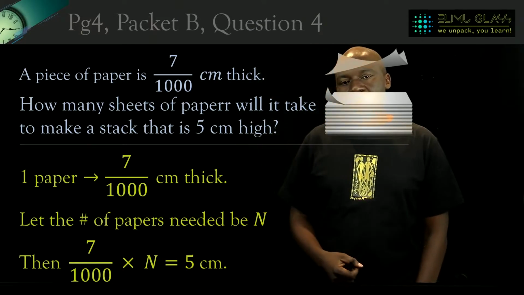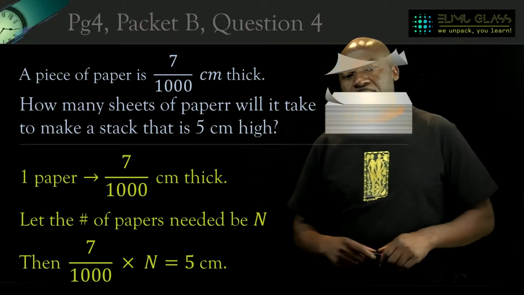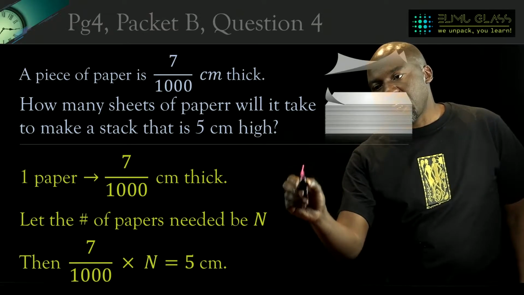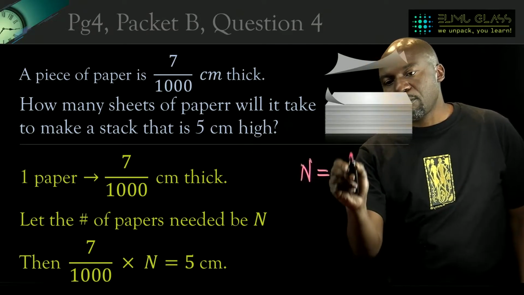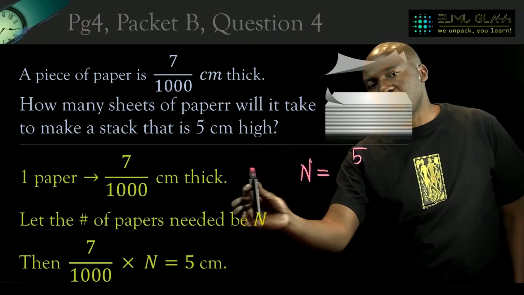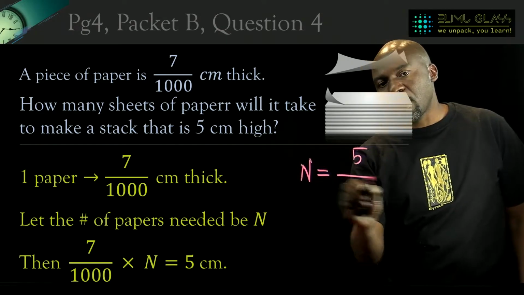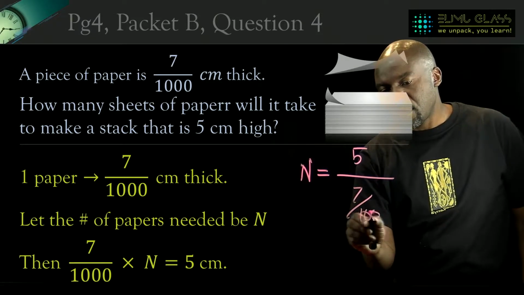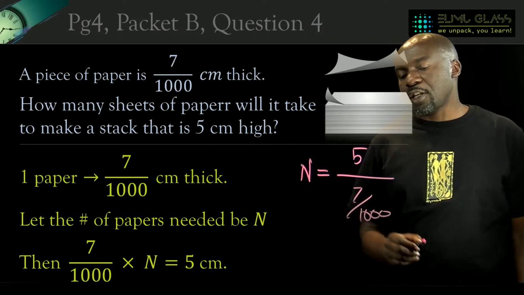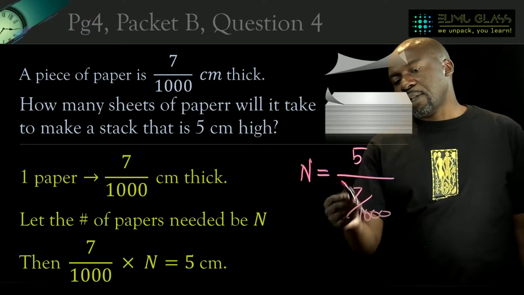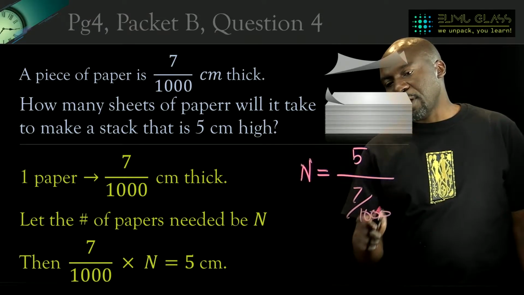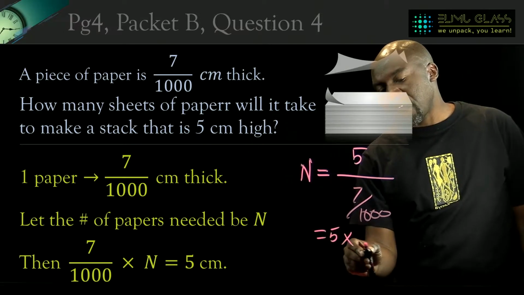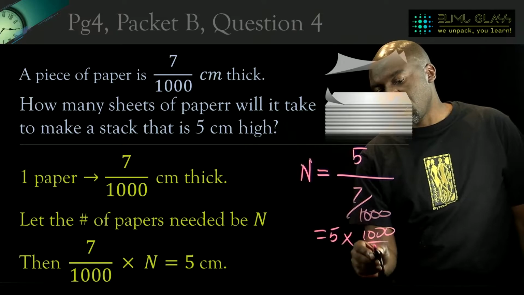So you can already see that we end up with a complex fraction, because we will have n equals 5 over 7 over 1000. This is the same as simply flipping the denominator and multiplying by 5. So this is going to be 5 multiplied by 1000 over 7.